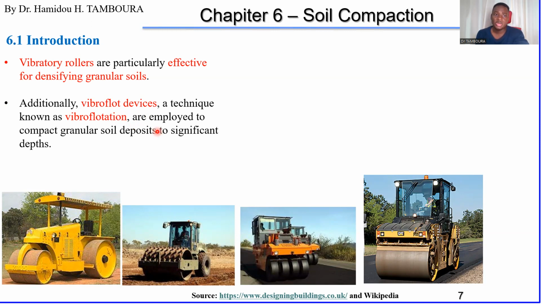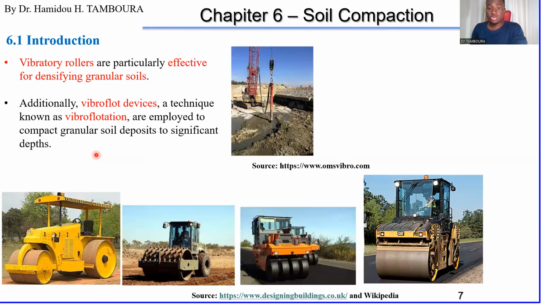Vibroflotation is a method of compaction used for granular soil to compact a very deep part of soil. Also for granular soil deposits, but for significant depths in the underground. This photo shows one example of this kind of technique.